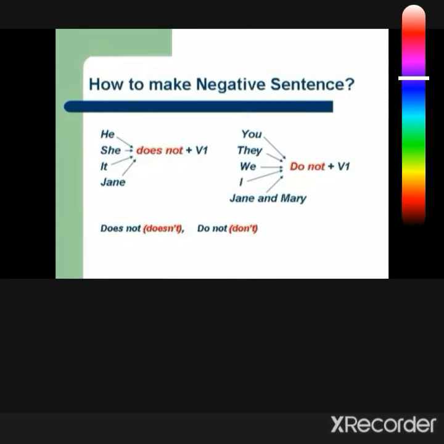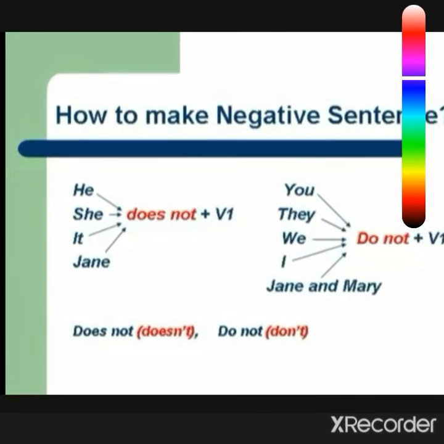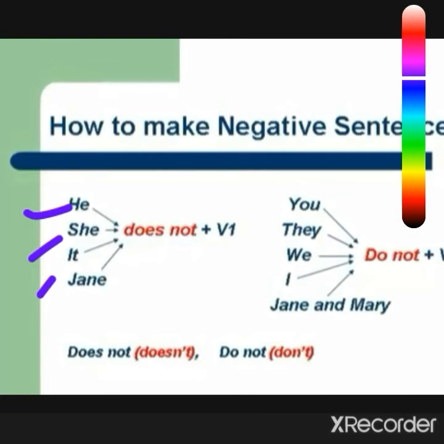So how to make negative sentences of present indefinite tense? In order to make negative sentences, again you need to keep in your mind what the subject is. If the subject is he, she, it, or name of one person, then put does, and after that you will write not, first form of verb, and then your object will come.